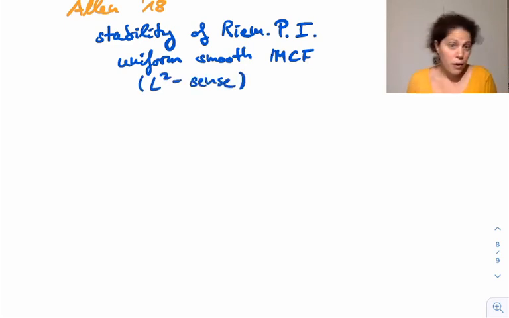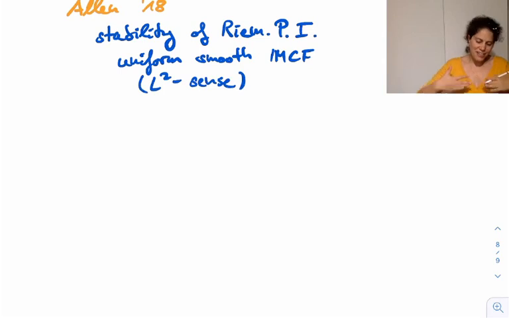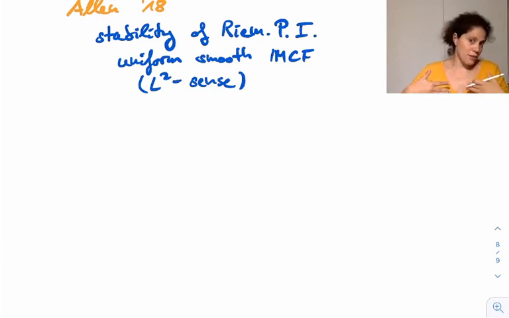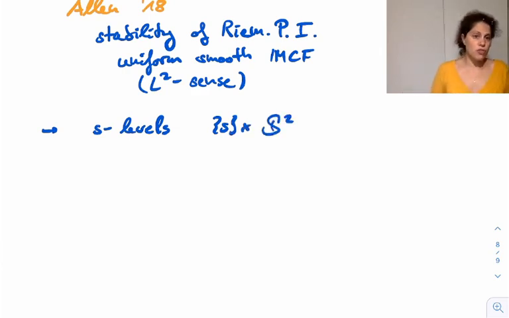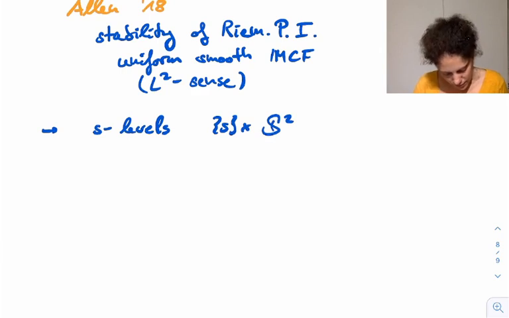And you may now wonder, and we have wondered, what happens along our sequences? Do they have a smooth inverse mean curvature flow to begin with? And if so, is it uniform? Or why is it not uniform? Because then it would contradict the result by Brian Allen. So it turns out that the S levels, where the surfaces S cross S2, are the leaves of smooth inverse mean curvature flow starting at the horizon in our examples.